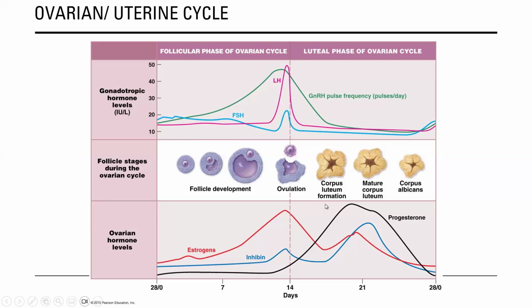It might just ask you, hey, when should you expect to have high progesterone levels? And you'll say, it's going to be the luteal phase of the ovarian cycle. Or, when do you expect follicle stimulating hormone to be at its highest? Well, it's going to be the start of the follicular phase of the ovarian cycle, that kind of thing.